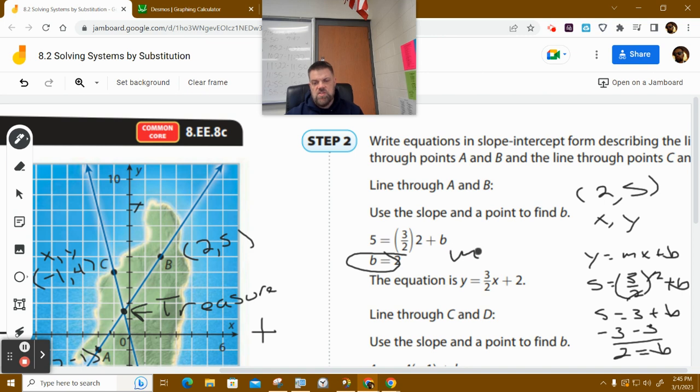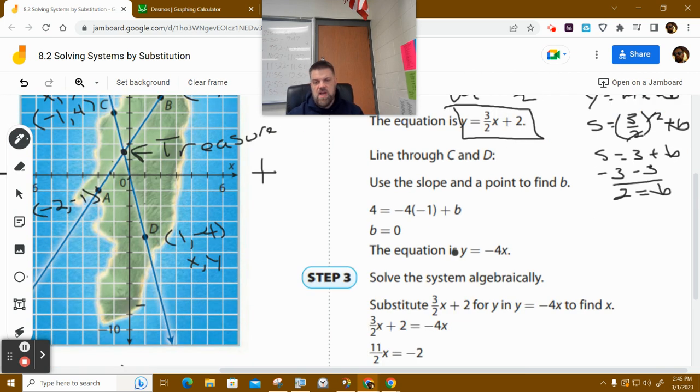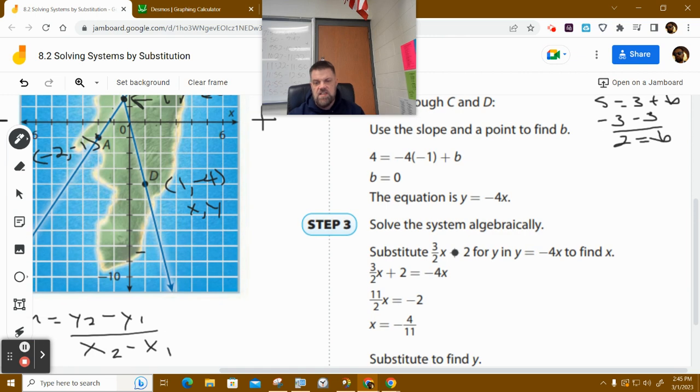So if the slope is equal to 3/2, which is on the other screen, and the y-intercept is equal to 2, when I plug that back into y equals mx plus b, I'm going to get this equation. Now, if I go through that process for C and D, I get the equation y equals negative 4x because b is equal to 0.